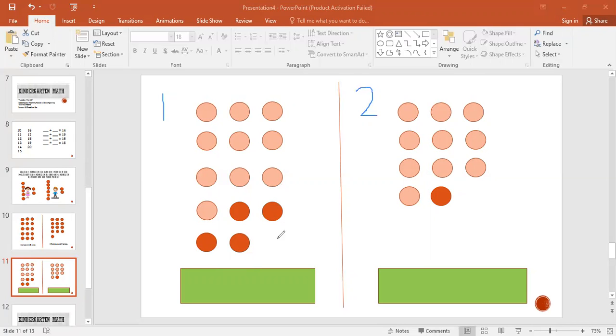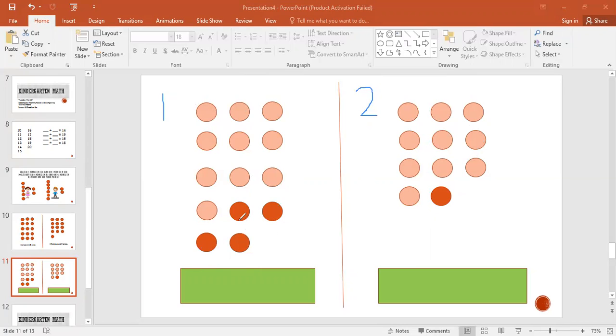I can figure it out just by looking at my extra ones. If I know that both 1 and 2 have 10 pink pennies, I can just look at my extra ones and see which one has more.